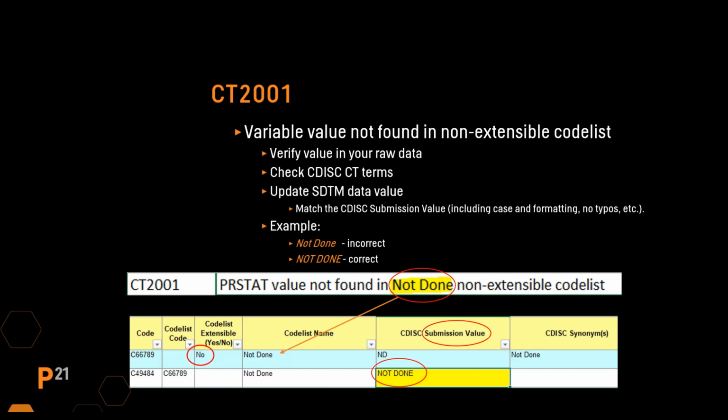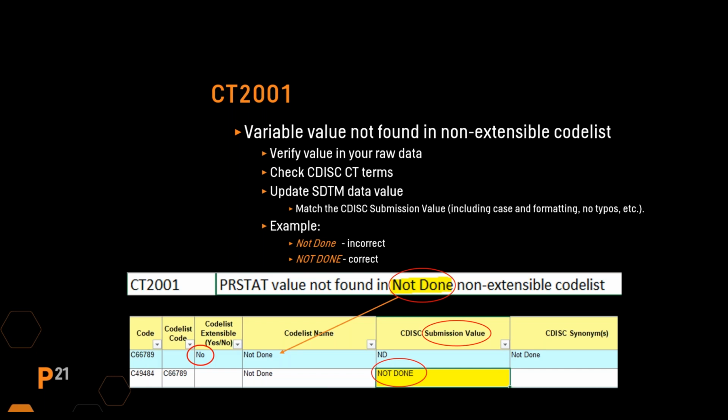So the fix tip for this would be to verify the value in your raw data, then check the CDISC CT terms, and then lastly, you would need to update your data so that a CDISC submission value is used, and also ensure that the casing format is correct and there are no typos within that CDISC submission value.